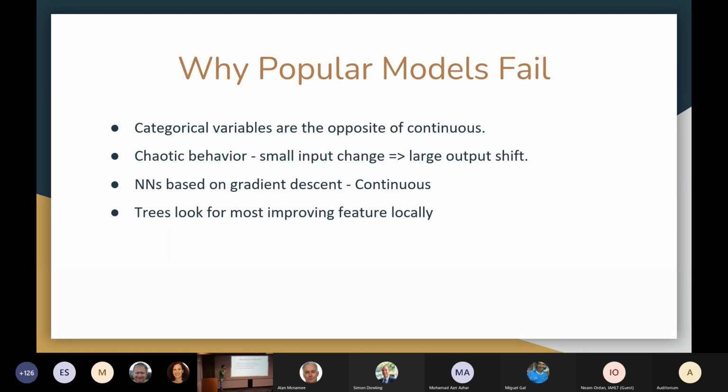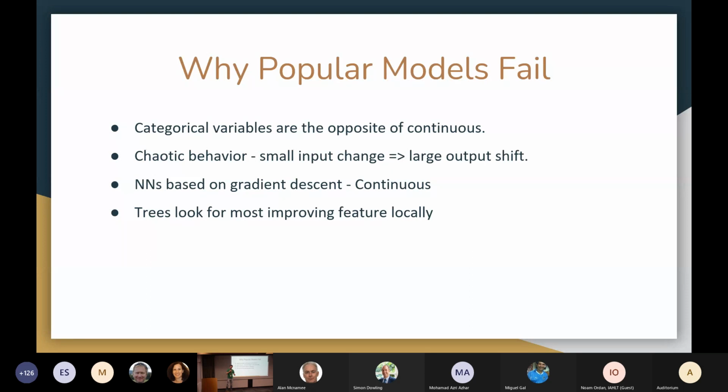Now, I'm also going to argue that other popular models don't handle this problem very well. Why don't they? Essentially, this is a very uncontinuous problem, and other models are not built well to handle it. In chaos theory, the definition of a chaotic function is a function where a small change in the input variables yields a large shift in the output.